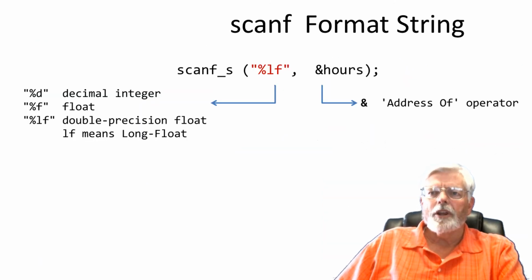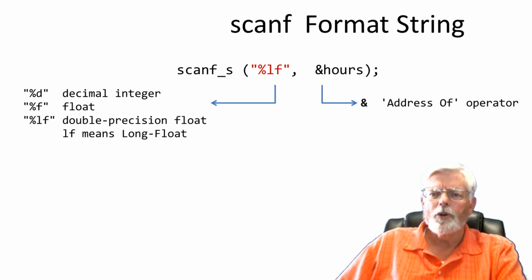The first parameter in a call to scanf is the format string. It is surrounded by double quotes. The format string tells scanf what type of data is expected to be typed at the console. The Paycheck program is using "%lf" because it is expecting data that may have digits past the decimal, and the data is going to be stored in a variable whose data type is double, also known as long float.